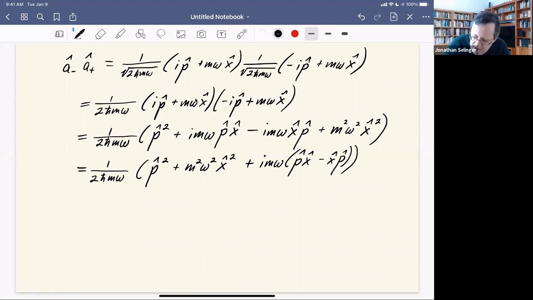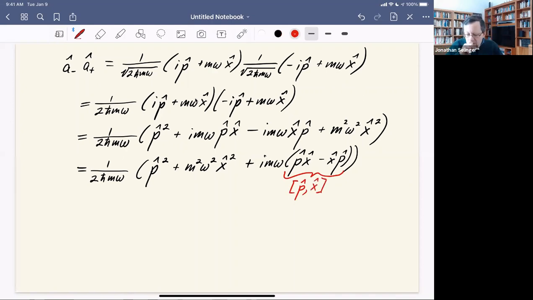Now, let's look at this. The px minus xp, this is the commutator, as we were talking about yesterday. This is exactly what we mean by the commutator of p and x.